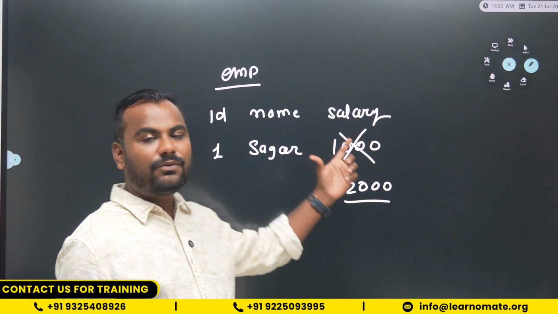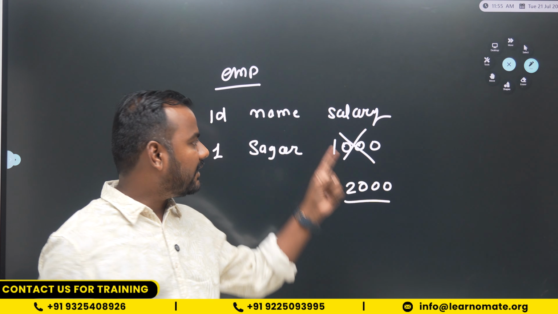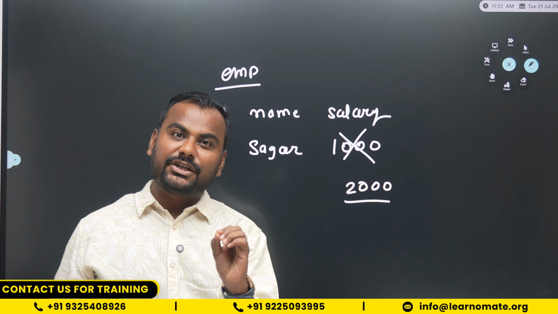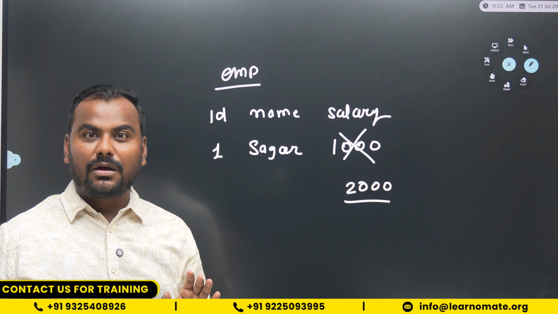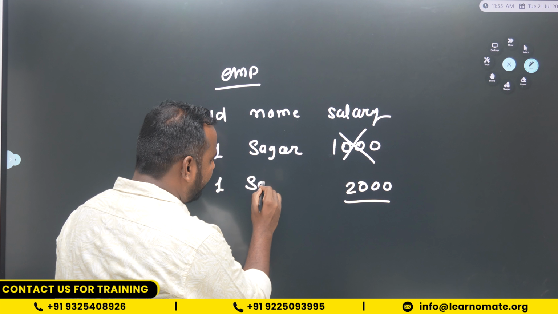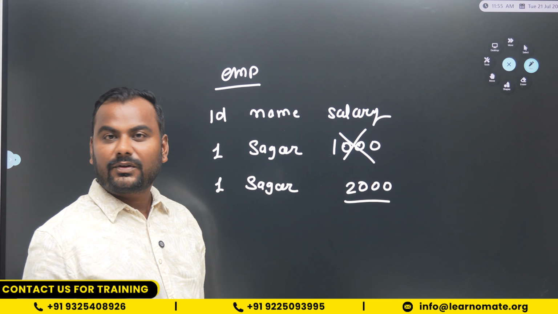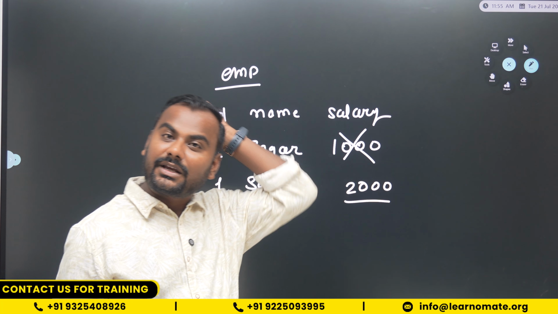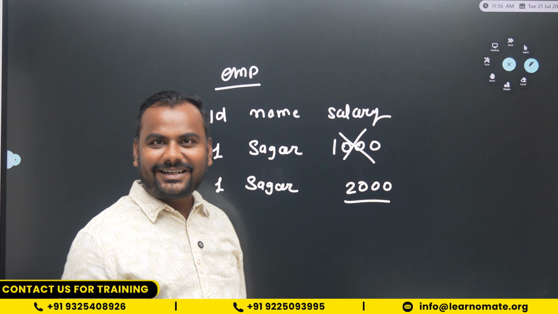Whenever you are trying to update a record, PostgreSQL will create a new tuple. So basically one more record will be added to the table, one Sagar with the new salary. Did you understand?